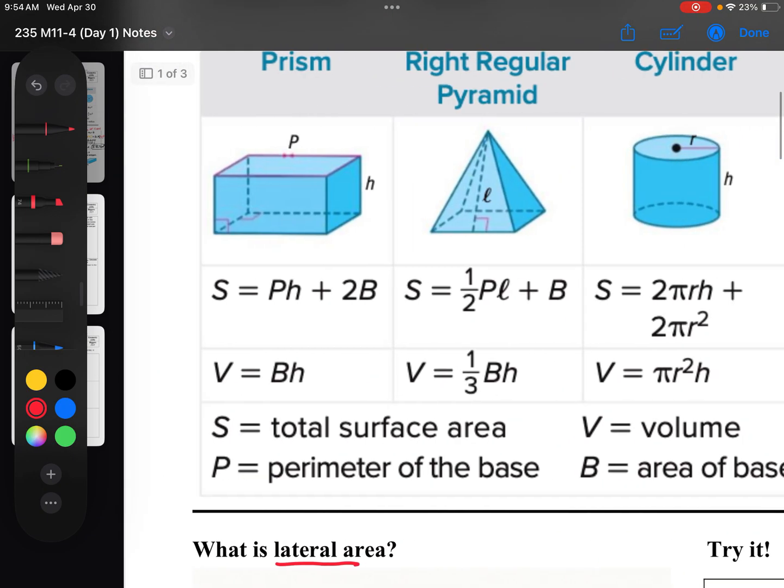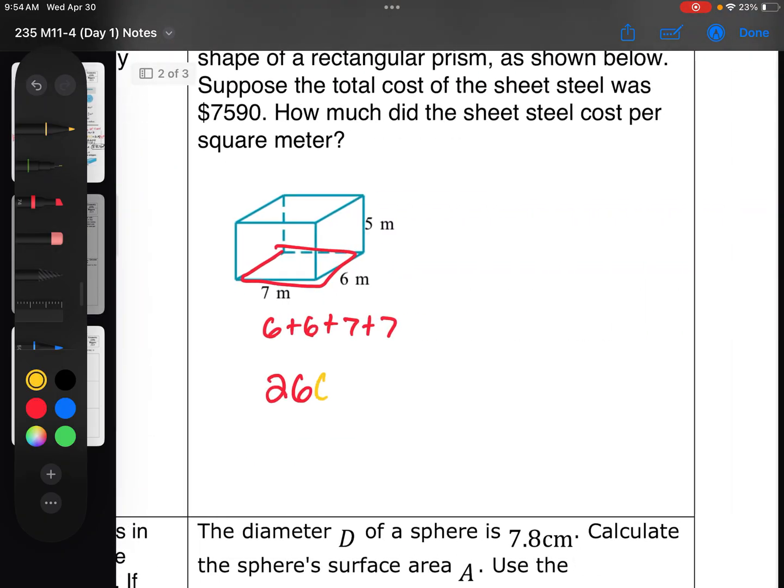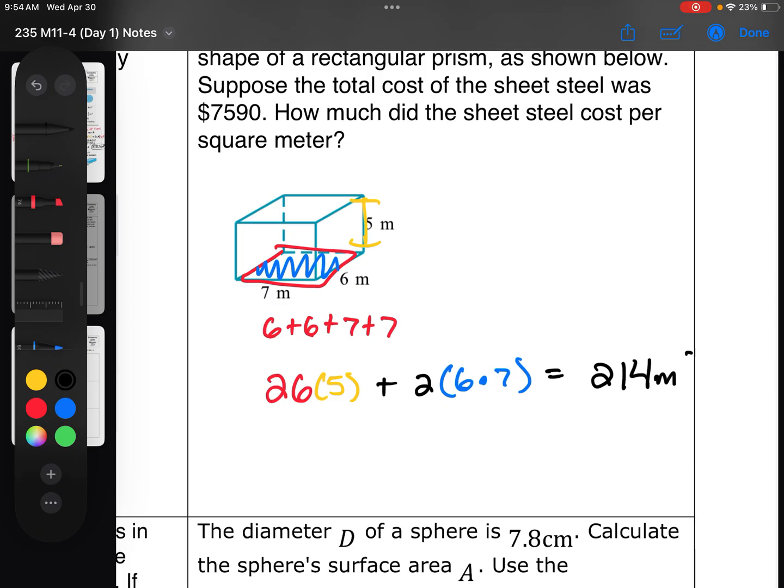So that's the perimeter of the base times the height of the figure here, which is 5, plus 2 times the area of the base. So the area is 6 times 7, which we know is 42. And then that's my height, 5. So that's going to give us the surface area of this box. So that's 214 square meters.